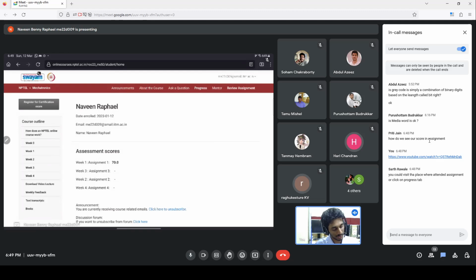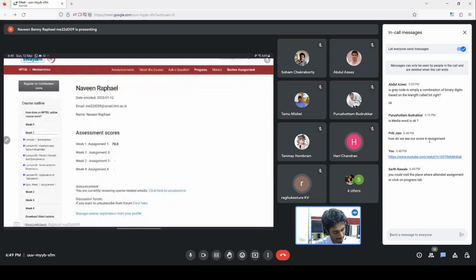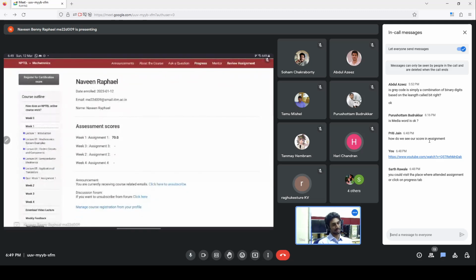Likewise, you can also click the assignment tab and see how many marks you've gotten there also.